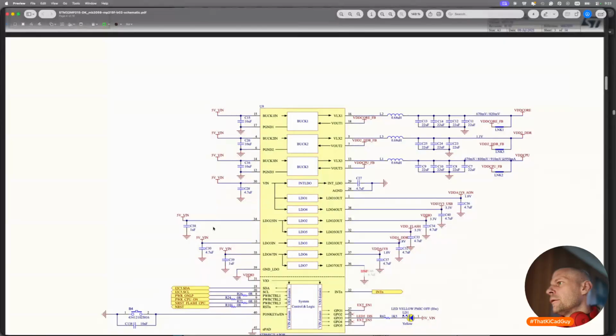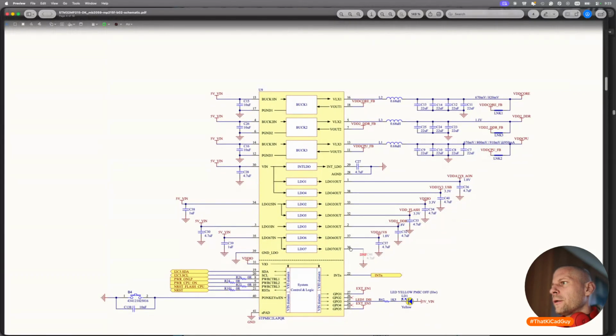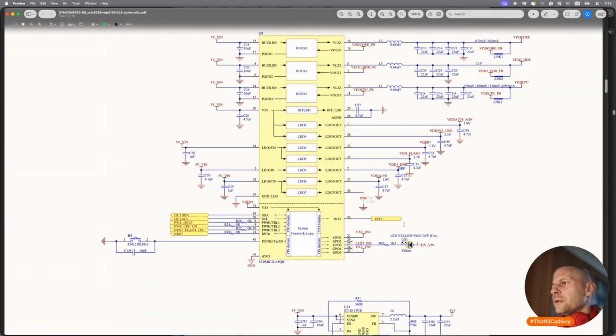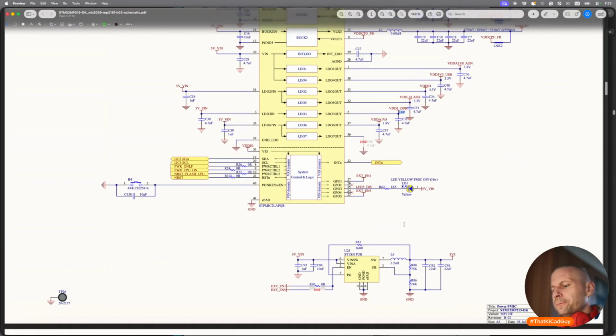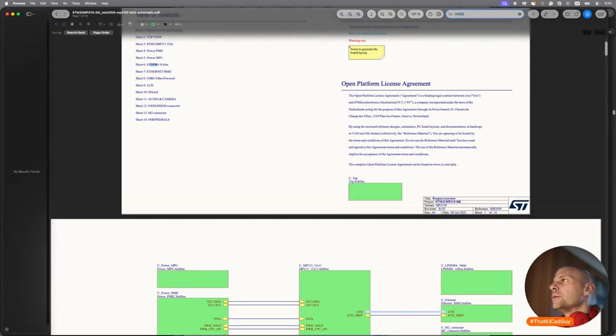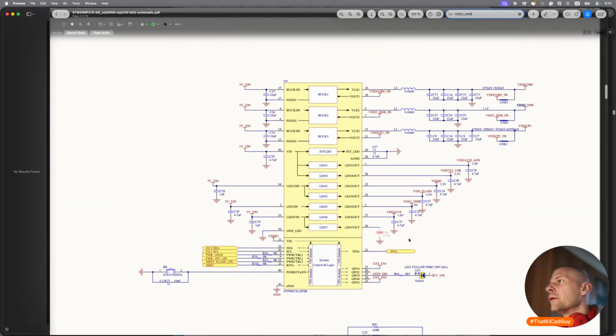Here, DDR1 is 1.8, and DDR2 is where? No, VDD2 DDR. Oh, here. It's 1.1. Okay. That's power supply levels for DDR3, DDR4.